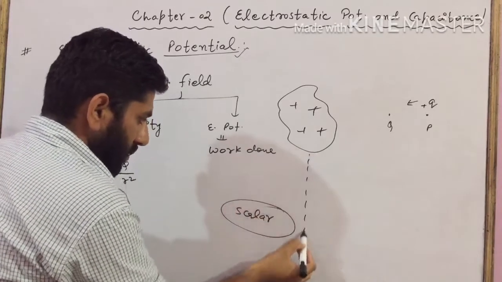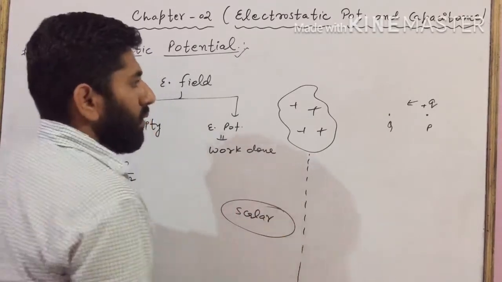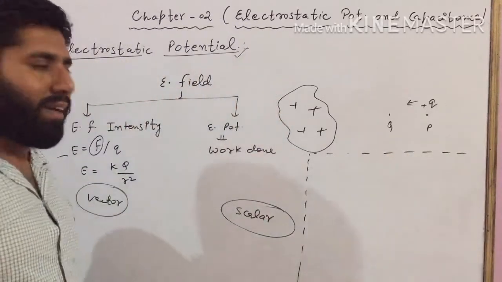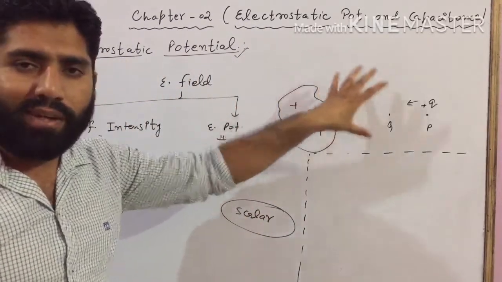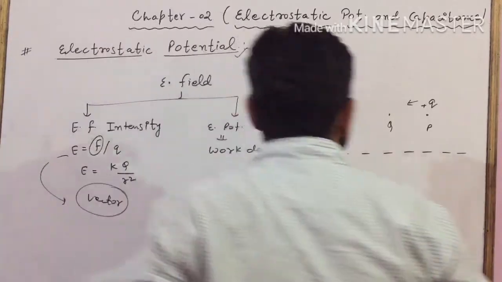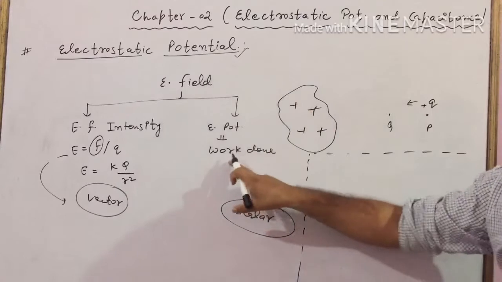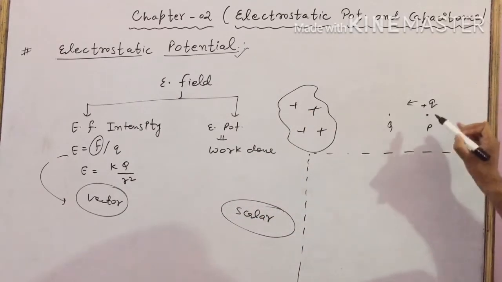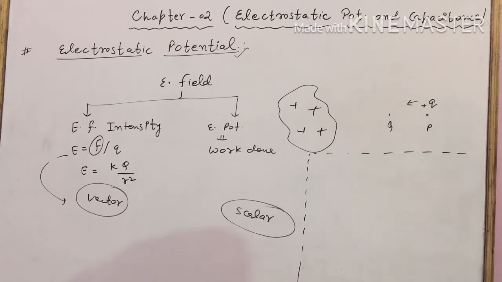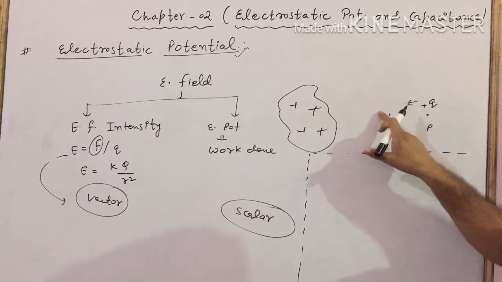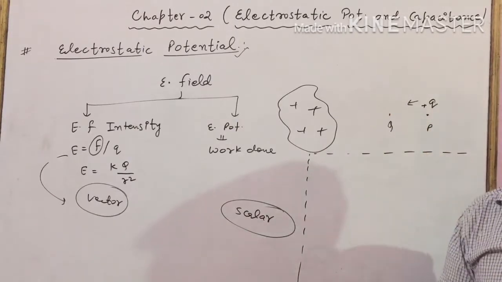Okay, so because I want to characterize the field only, the electric field which is being produced by this configuration, and we are going to define the potential in terms of work done, on which factors does the work done in moving the charge from P to Q depend? The work done in moving the charge from one point to another will depend upon two factors.